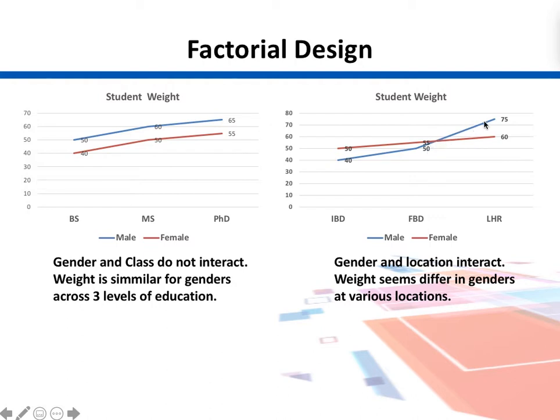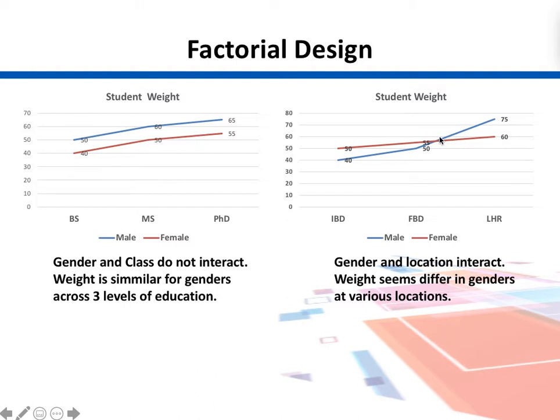But in the third level, that is Lahore, the male weight goes up and the female goes lower than that. So the trend is kind of opposite, and the lines are crossing each other.